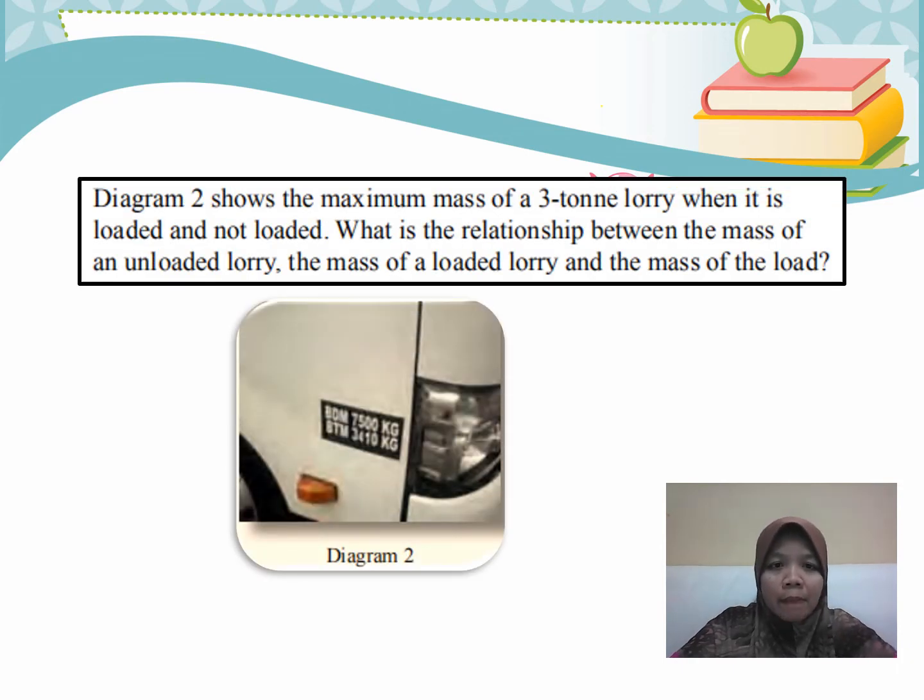Next example, diagram 2. Diagram 2 shows the maximum mass of a 3-ton lorry when it is loaded and not loaded. What is the relationship between the mass of an unloaded lorry, the mass of a loaded lorry, and the mass of the load?